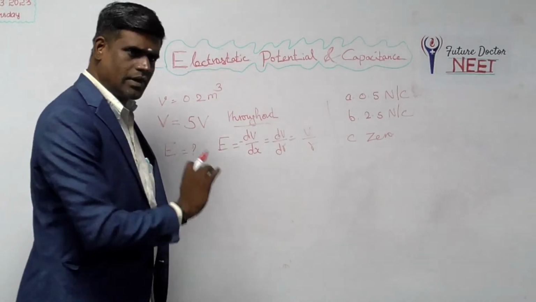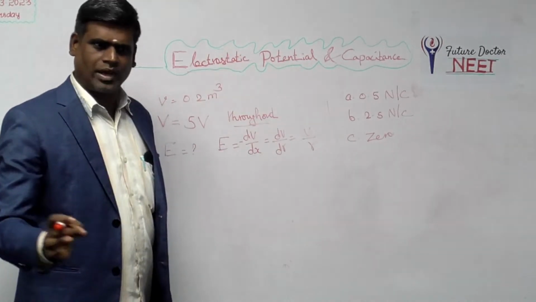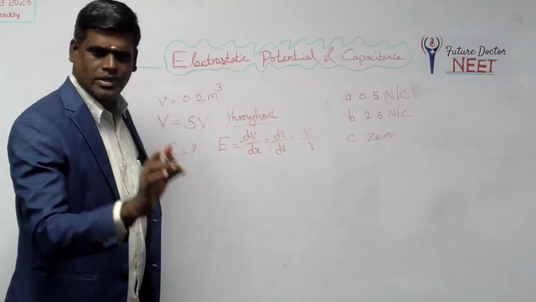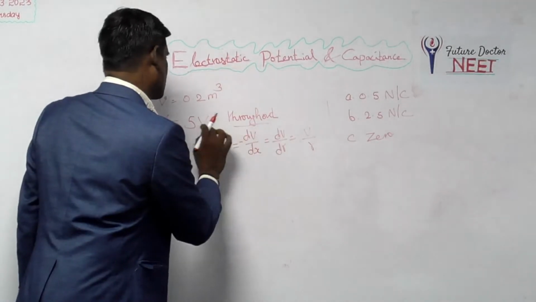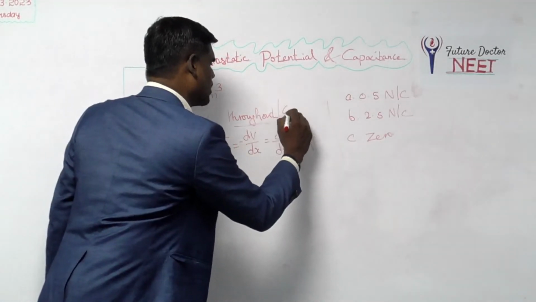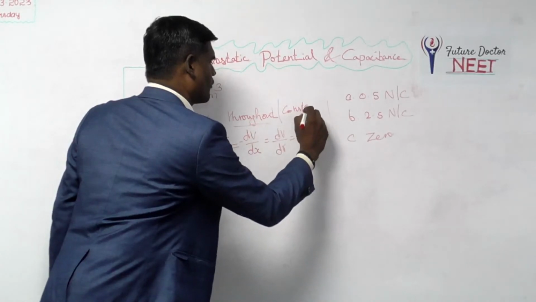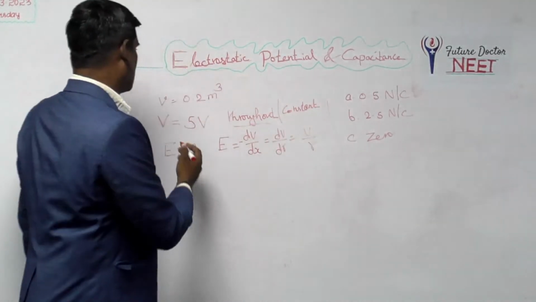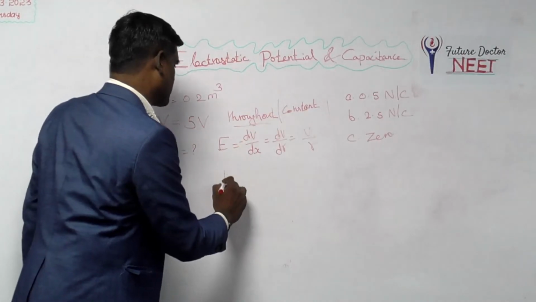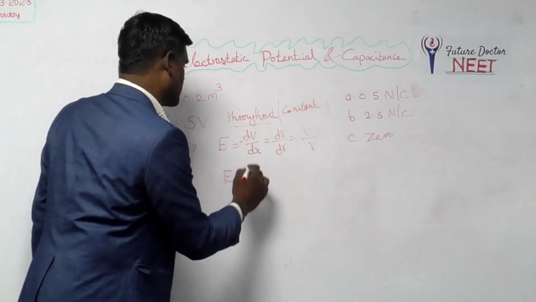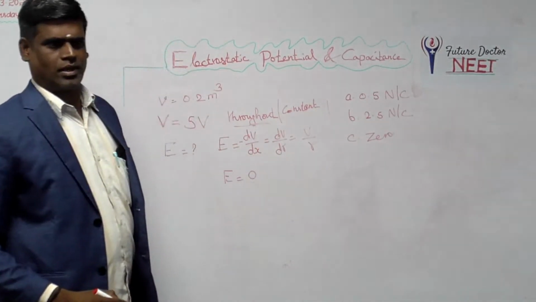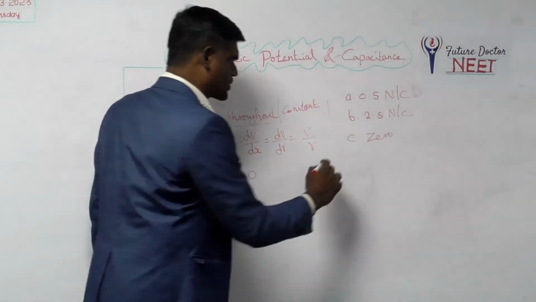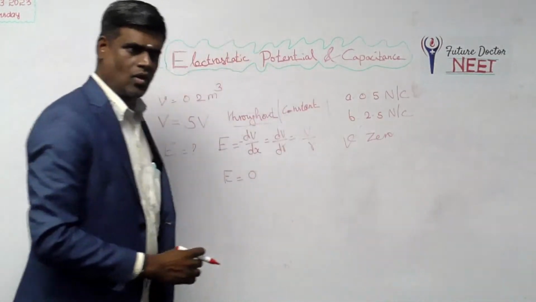If you try to differentiate the constant, the value is 0. And as V is throughout, it is nothing but constant. So, 5 volt if you differentiate, it's a constant. If you differentiate a constant, 0 only. So, option C. Okay.